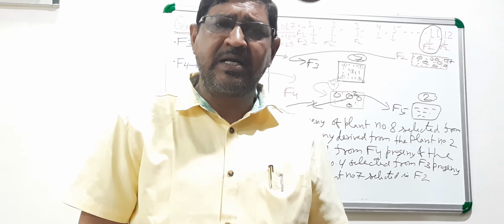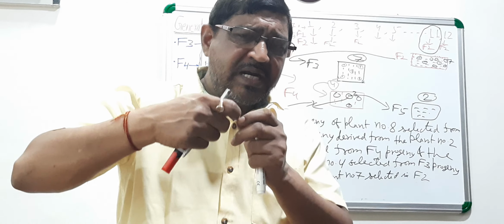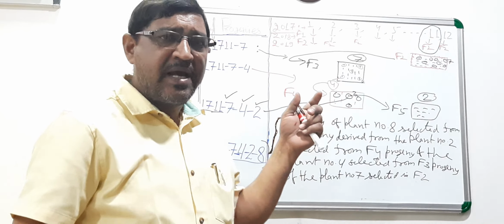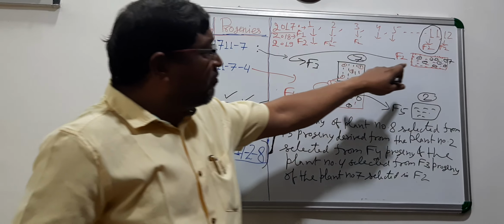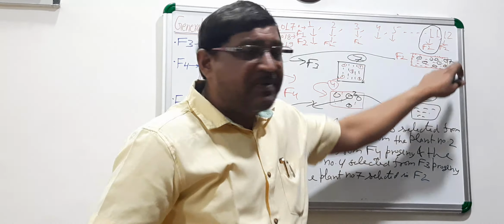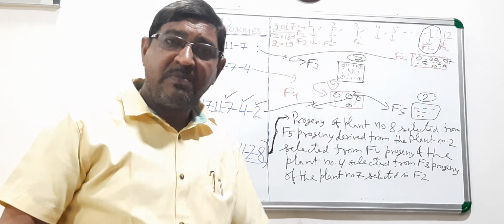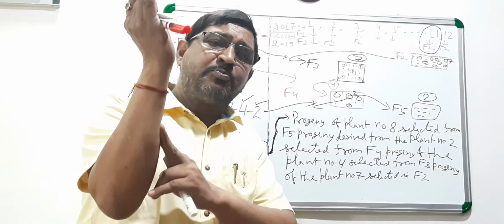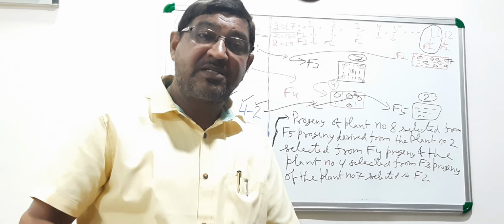And if you are interested to understand the inheritance pattern of a particular trait which you are mentioning, as here I said you are not going to mention why plant number 7 you have selected in the generation. Maybe you got very large panicles, and a large number of tillers and panicles.